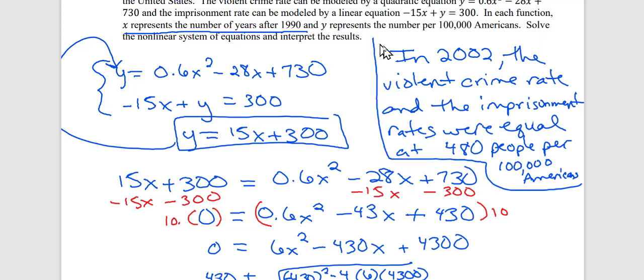Remember, we solved this system, so we're talking about both of those being equal in the same year. That is the year the violent crime rate and the imprisonment rates were equal to one another.